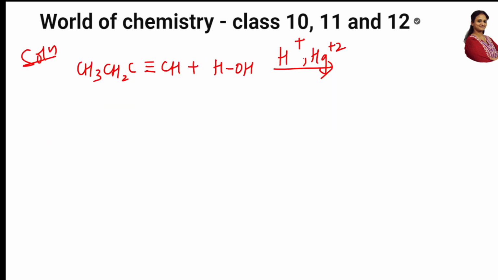So I'm going to add this water across the triple bond. This bond breaks and what will I get? I'm going to get CH3CH2C with OH here, the double bond is still there, and on this carbon, hydrogen is added. Correct? Further, what did they say?